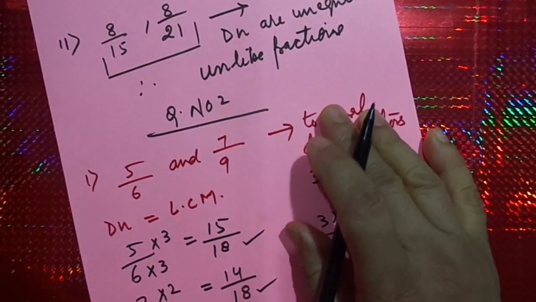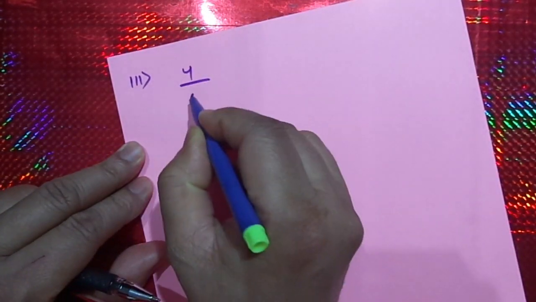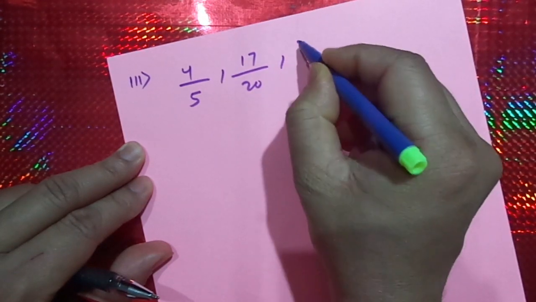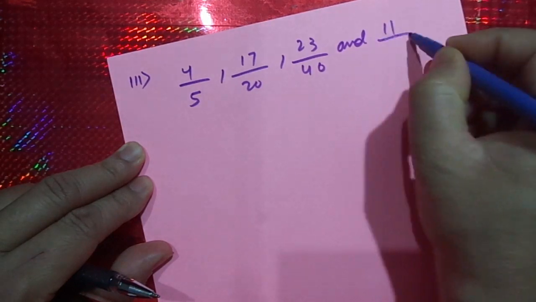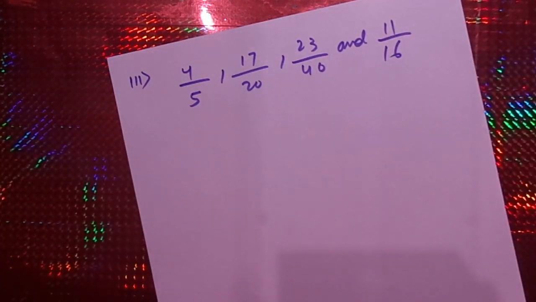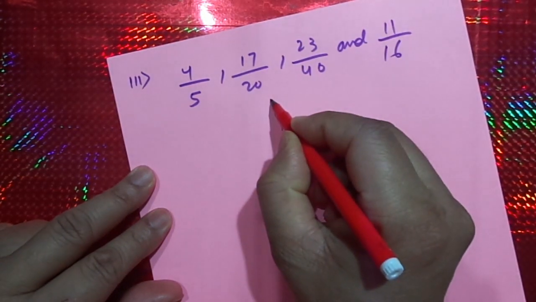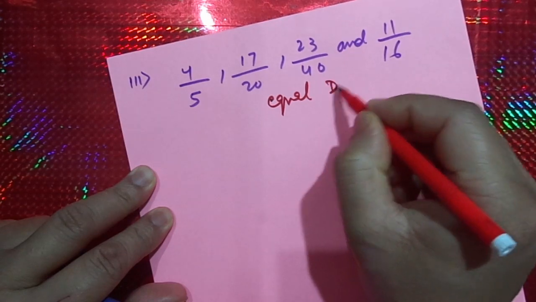Okay, I'll pick up some bigger numbers. So let us come to bigger numbers. Okay, 4 by 5, 17 by 20, 23 by 40 and 11 by 16. So here the same thing, I have to convert them to equal denominators.